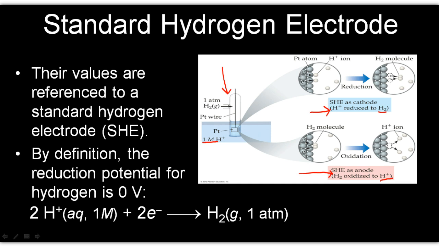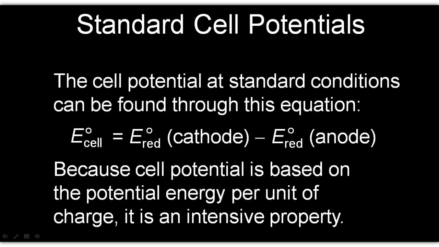So let's look at the next one over here. Looking at this comparison, you're going to have one thing that's going to be reduced at the cathode and one thing that's going to be oxidized at the anode. How this is determined is whichever one has the least negative value or most positive value, that is going to be occurring at the cathode every single time. And whatever is being oxidized is going to happen at the anode.